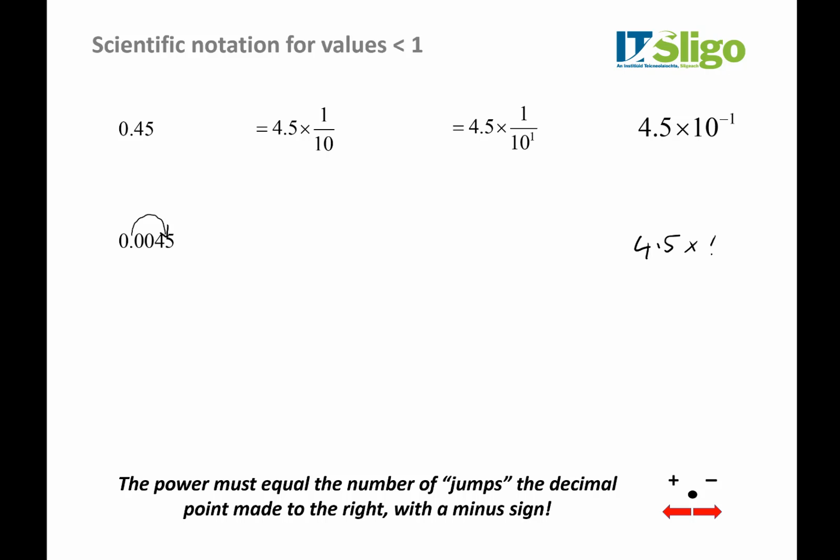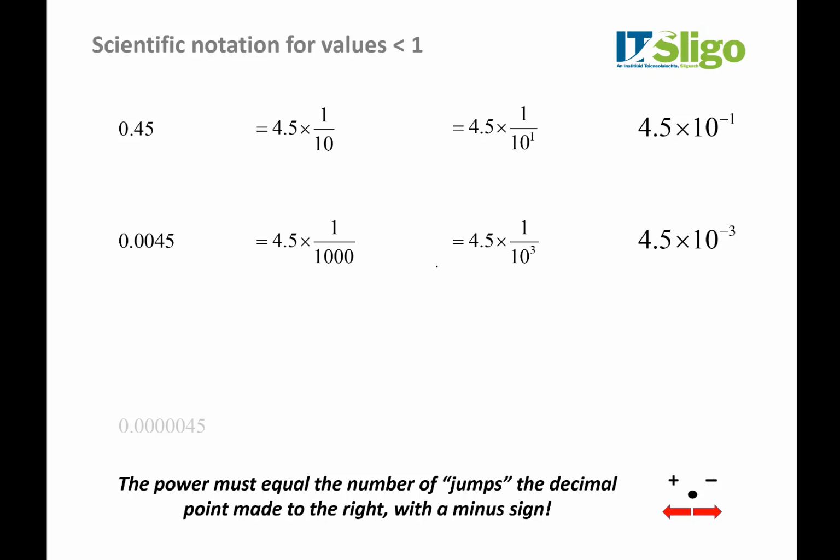Because we're moving to the right, it's going to be a negative power. So that's how you would normally do it, guys. It's just visually. But just to put the maths behind it, that's 4.5 divided by 1,000. And now this value here is 10 to the minus 3.